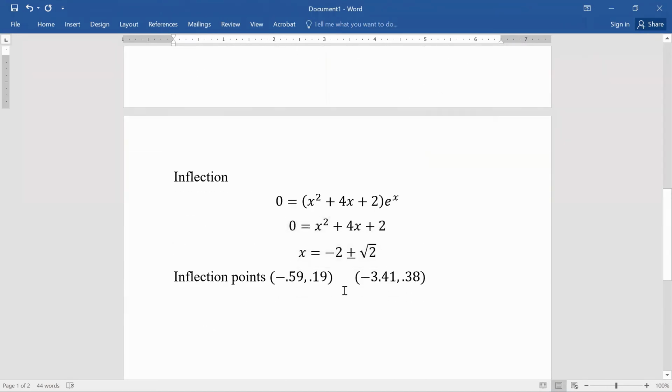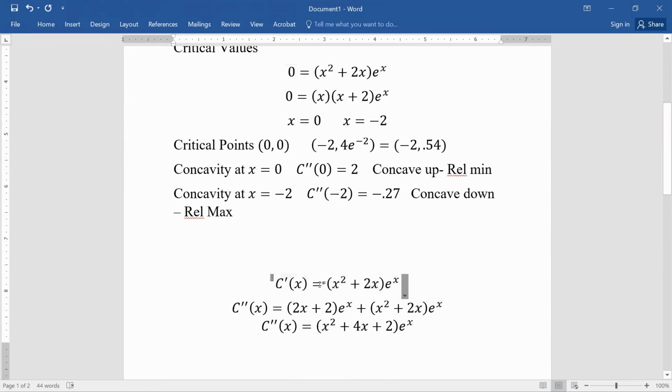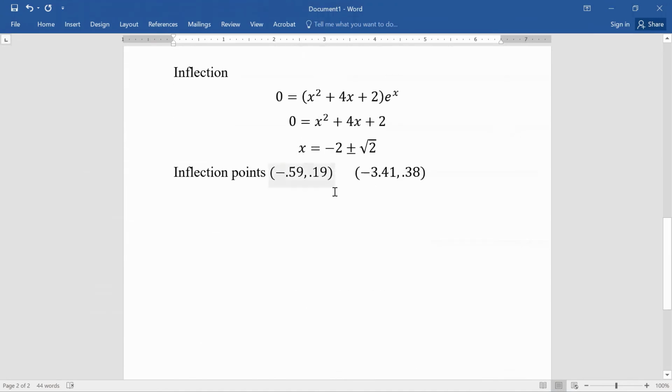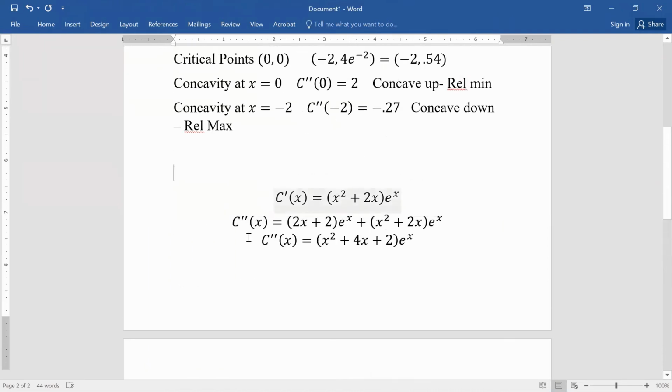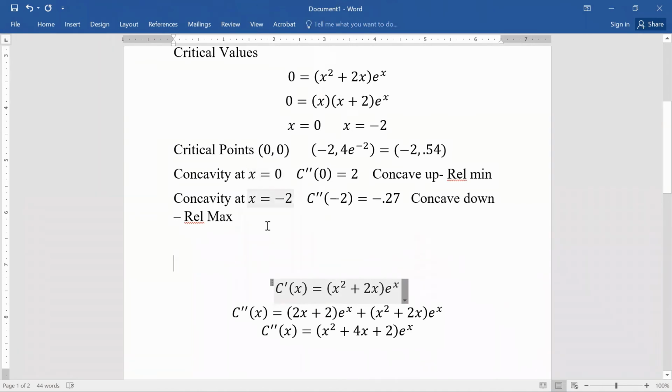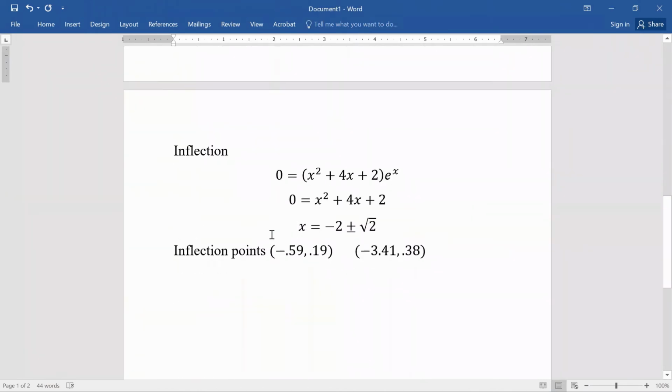We have these inflection points where we change concavity. And we know it changes concavity because you can go in between these. We've already done so at -2 and at 0. So we know where we're concave up, concave down.